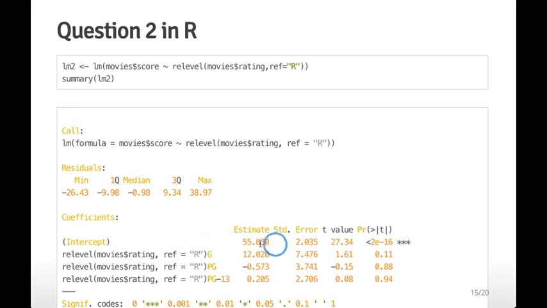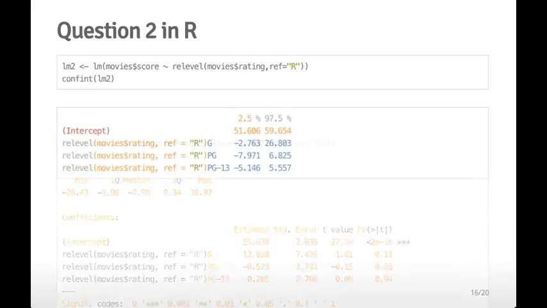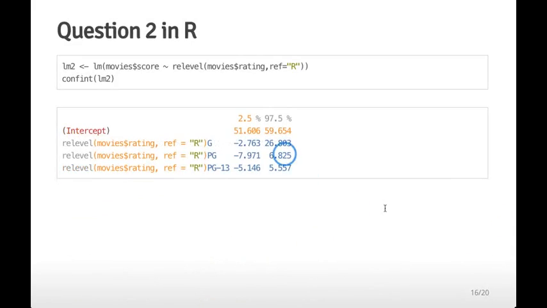Now we see that the intercept term is just the average rating in the R movies, and the difference between R and PG-13 movies is just this B3 coefficient estimate, and we can calculate the standard error, the t-value, and the p-value for that coefficient.